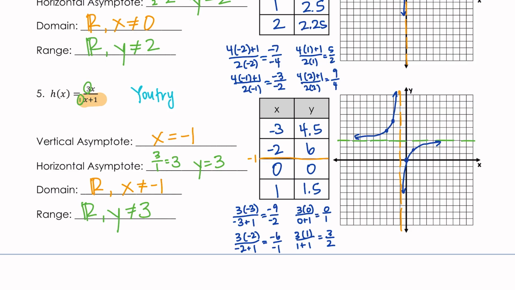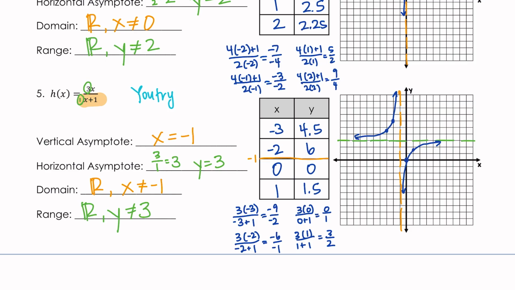We have our line at x equals negative 1, and our domain is all real numbers except x cannot be negative 1. Negative 1 also goes right there in the middle of our table. For our horizontal asymptote, we're looking at 3x over 1x. Again, the coefficient on the top and the coefficient on the bottom.